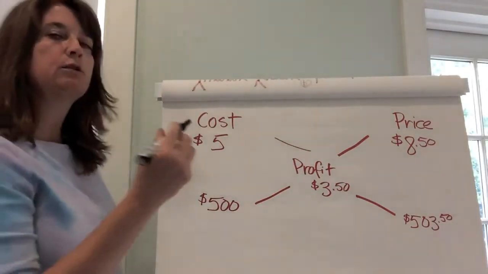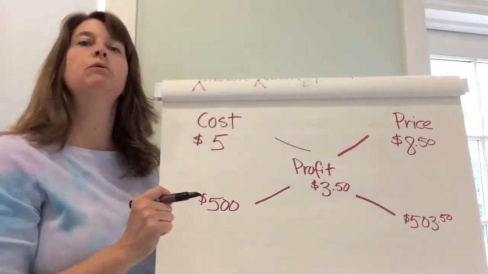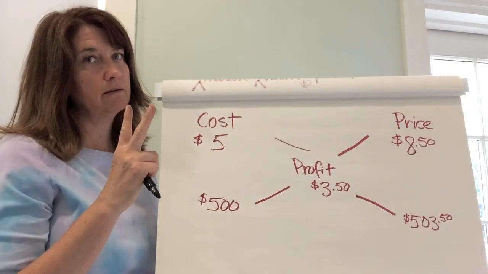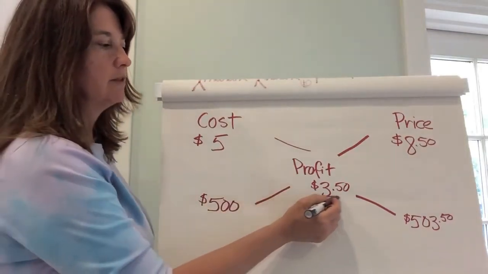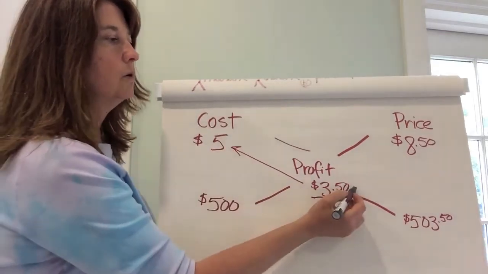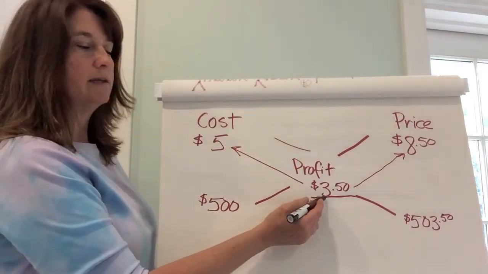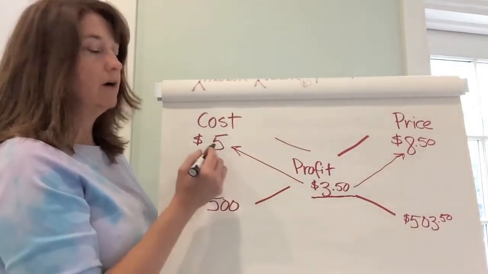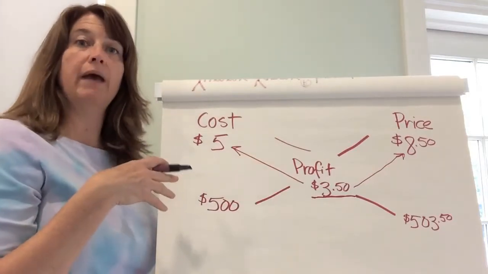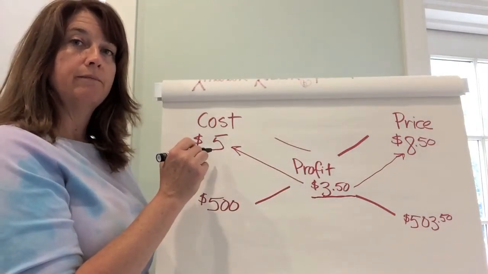So the way we express this $3.50 seems like it would be really simple. There's two ways to do it. You can either express the $3.50 as a percentage of this or as a percentage of this. If you express it as a percentage of the money that you paid for it, how much did you make versus how much did you pay, then you get one percentage number.